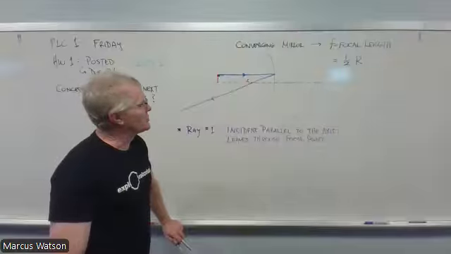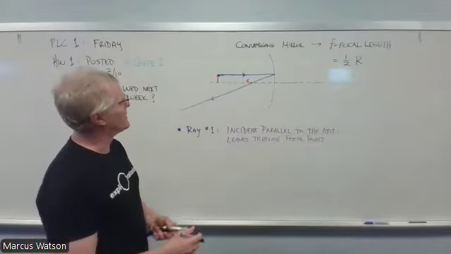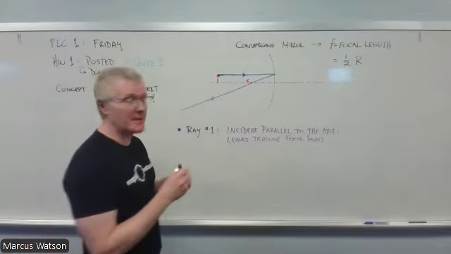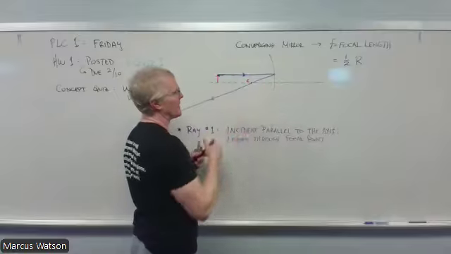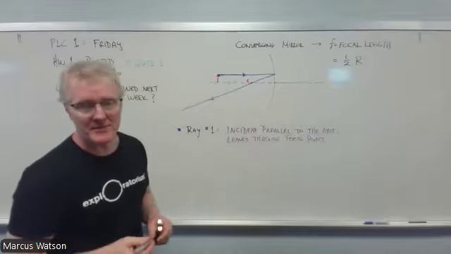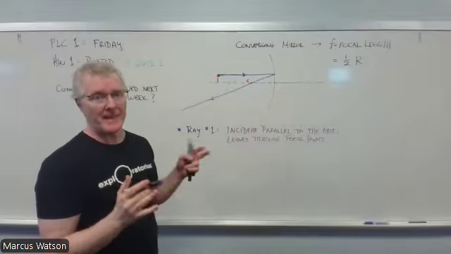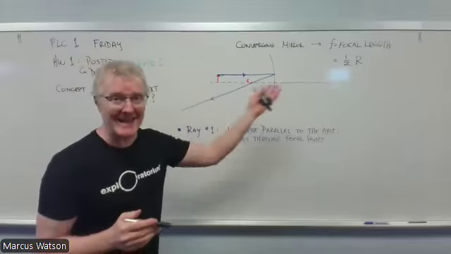I'm going to now choose ray number 2, which is going to be the same one as I did last time, which is the one that hits right here at the intersection of the symmetry axis with the mirror. Now, at that point, the normal is the axis. Right?